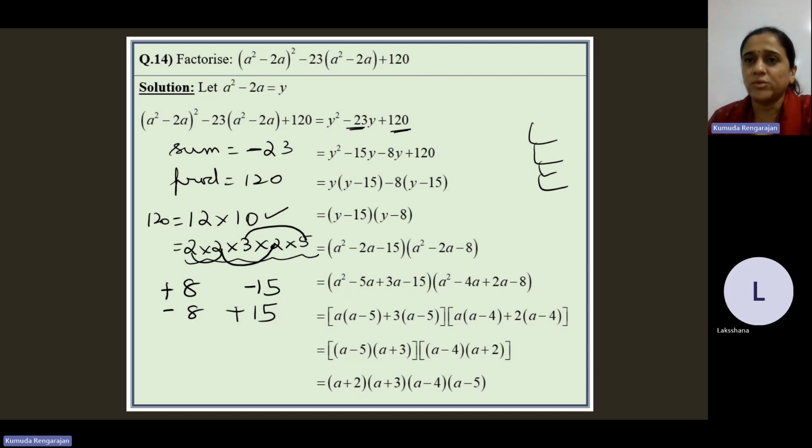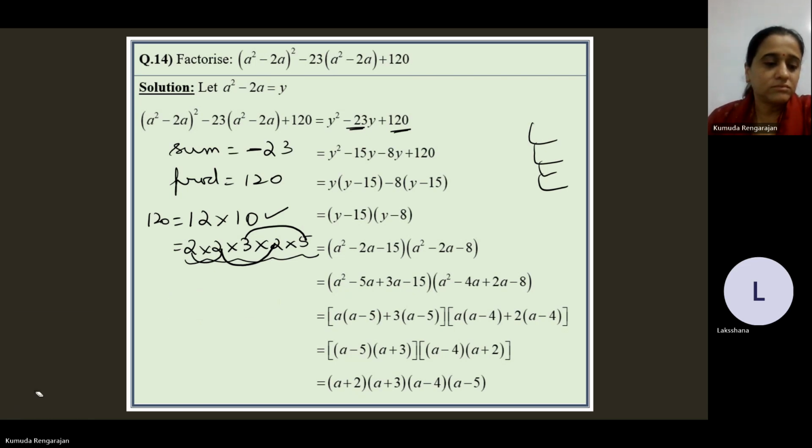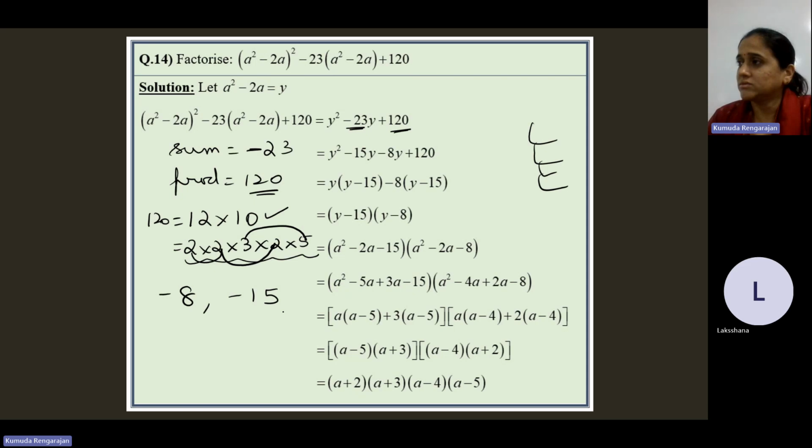So they should take the same sign, plus plus or minus minus. So here it is minus 8 and minus 15. When you multiply minus into minus, you get plus; 8 fifteens are 120, so plus 120. And on adding, you get minus 8 minus 15, minus 23.